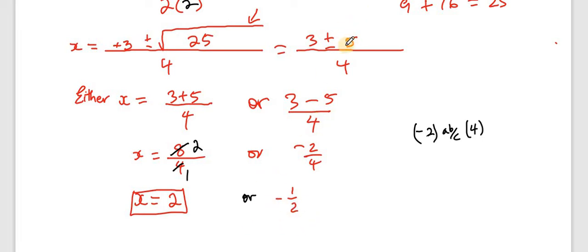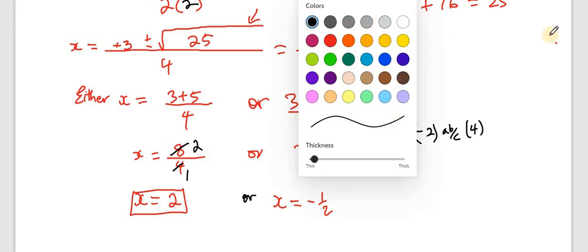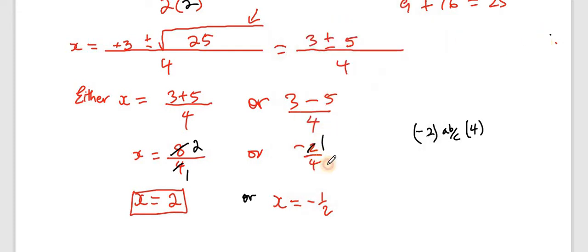So we have two values for x. Or x equal to negative a half. Or what you could do with this: 2 into 2 goes once, and 2 into 4 goes twice. So notice in one instance you have 2 in the numerator, 1 in the denominator.